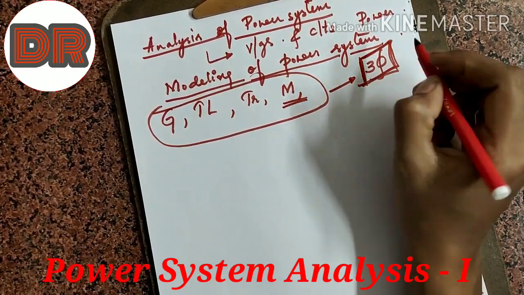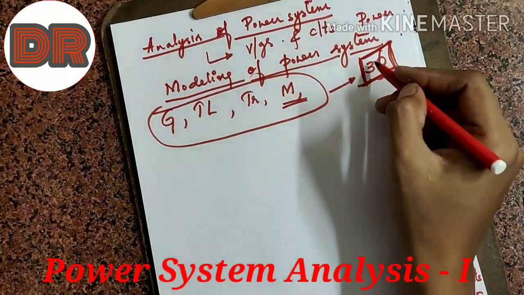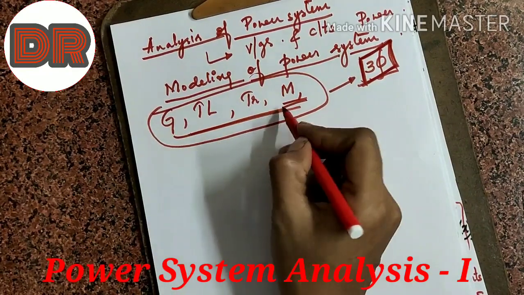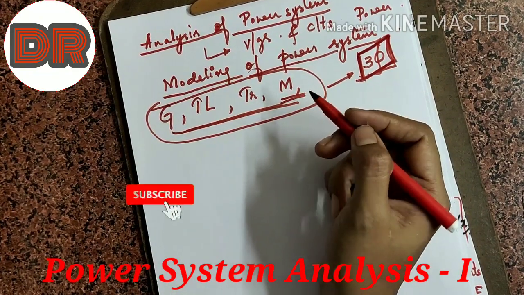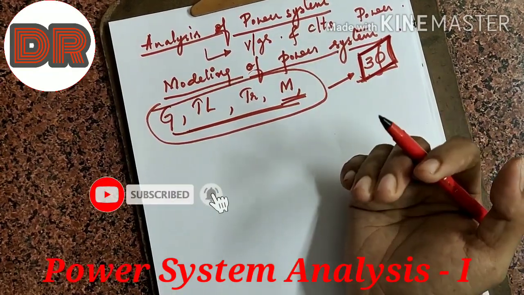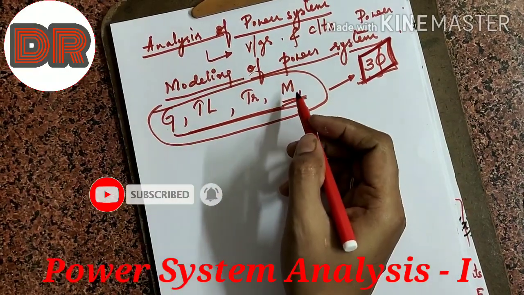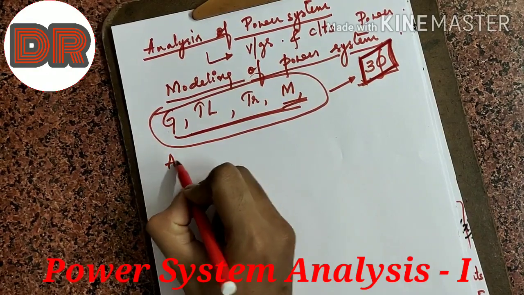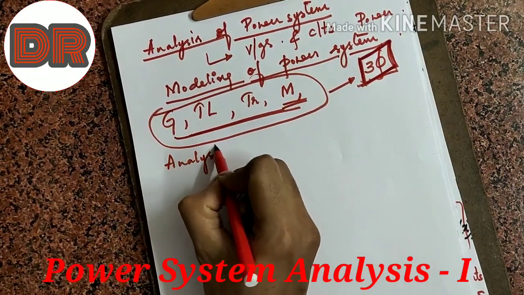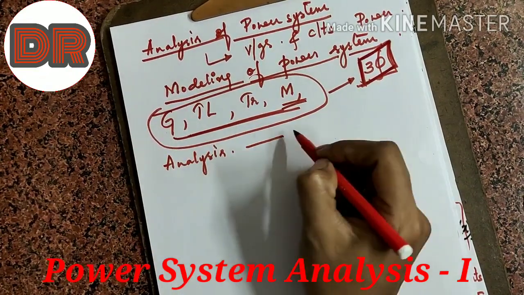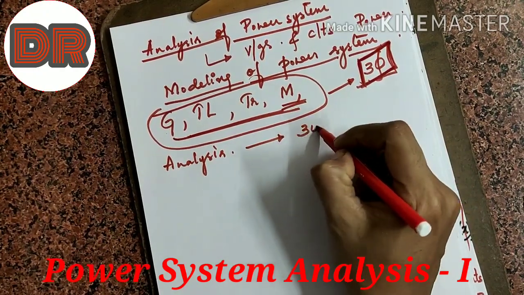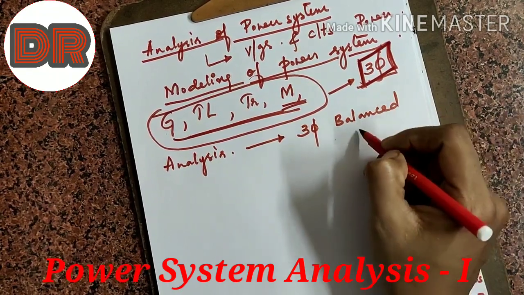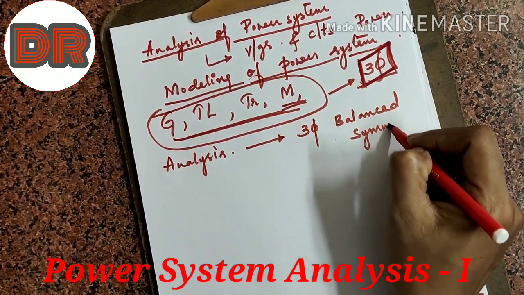So in order to write the modeling, it will be very difficult if we use the three-phase equivalent circuit of the components. So what we have to do is write a single phase equivalent circuit of all these elements. Is this possible? Yes, surely it will be possible, because whatever analysis we are doing, we are taking for a three-phase balanced symmetrical system.